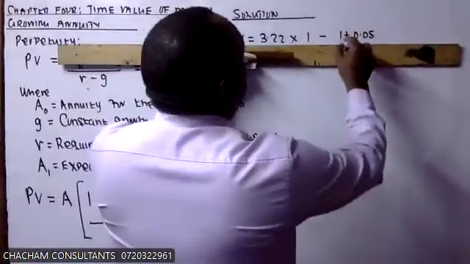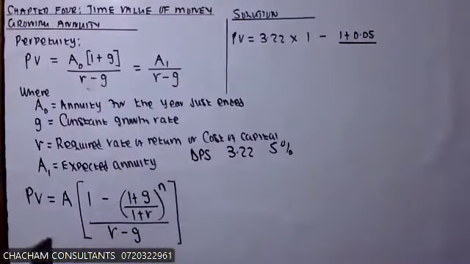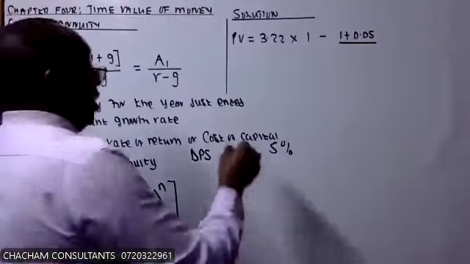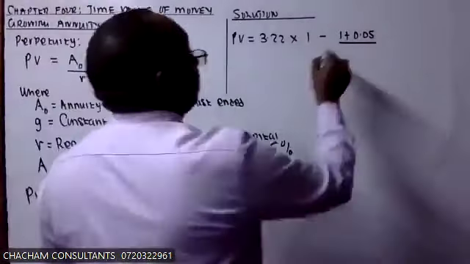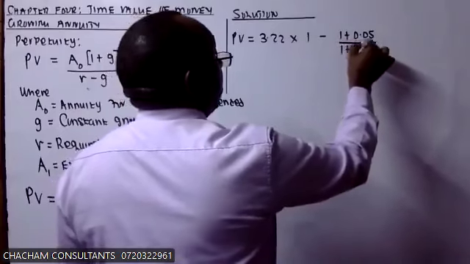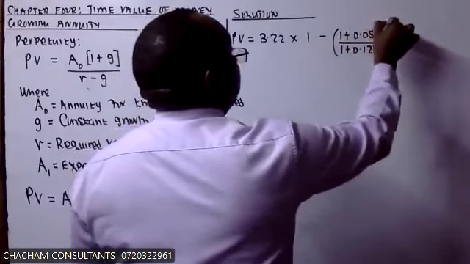This one, first of all, you divide it by 1 plus R. R tumeambiwa ni 12%. Then you raise power 6.